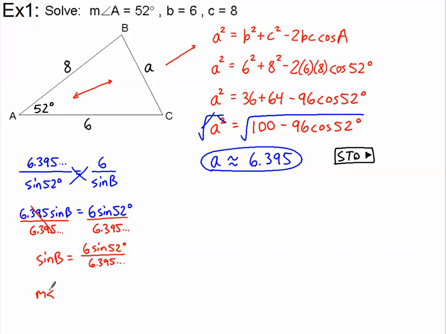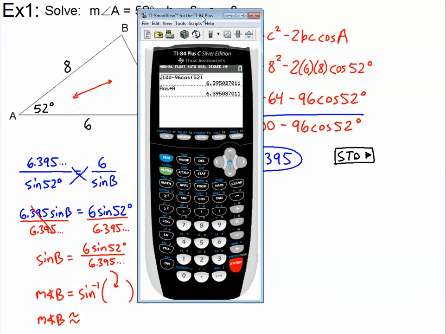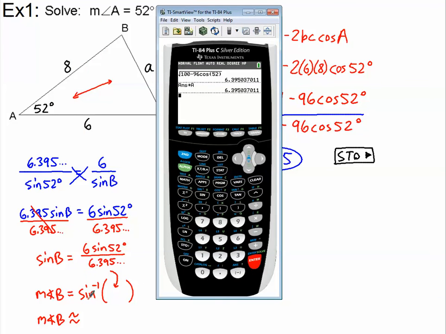Angle B, or the measure of angle B, is going to be equal to the inverse sine of that big fraction. So the measure of angle B is going to be approximately, now I'm going to type this into the calculator. So let's get the calc back out. I've got the inverse sine, and I'm plugging this whole thing in there.